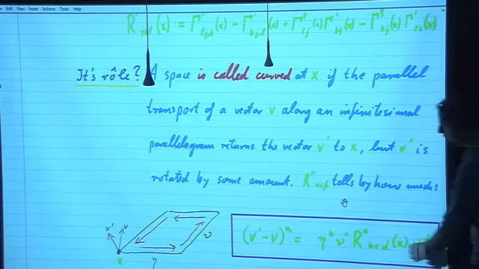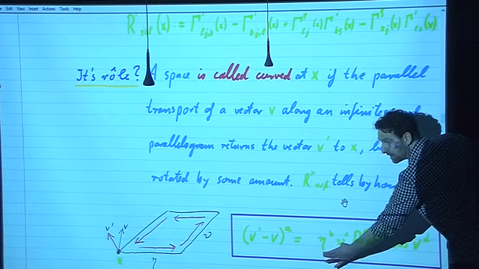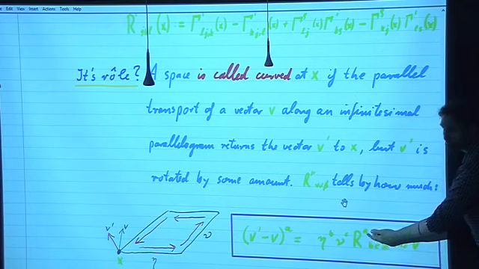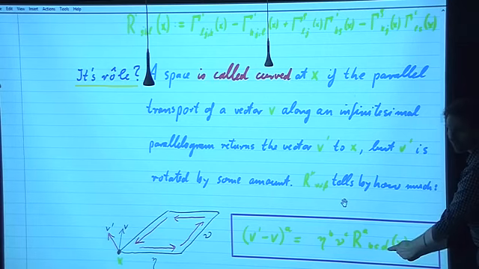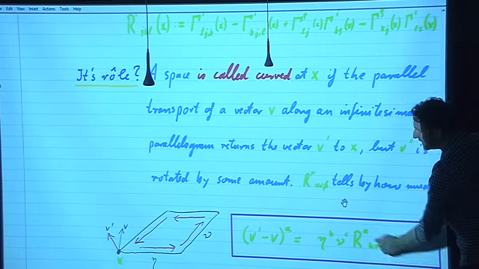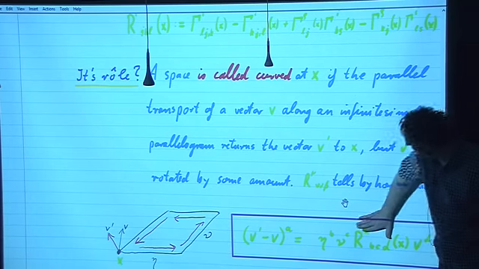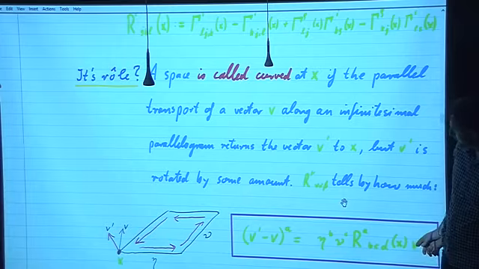In other words, once you hold fixed the two vectors that describe the parallelogram, once you've contracted those, you're just left with a matrix R that has two indices, A and D, left over. And that's an infinitesimal rotation matrix. You take that vector, and this is the rotation that this vector experiences.